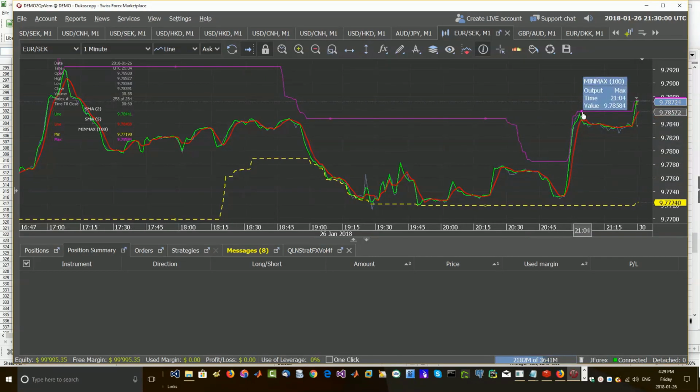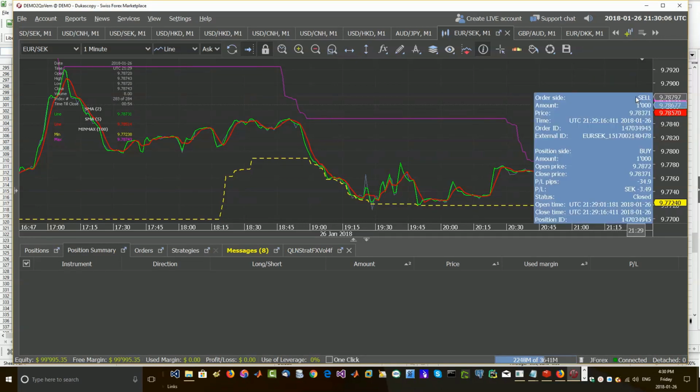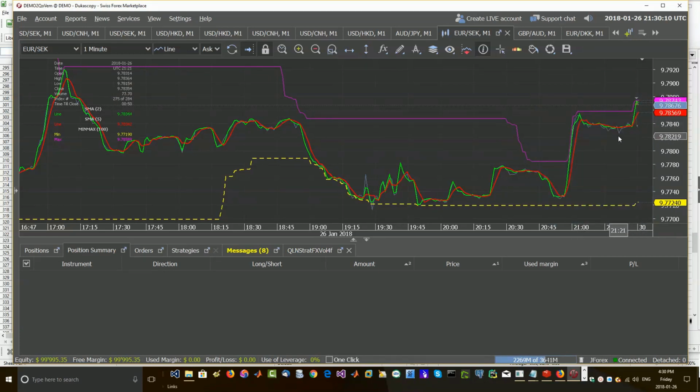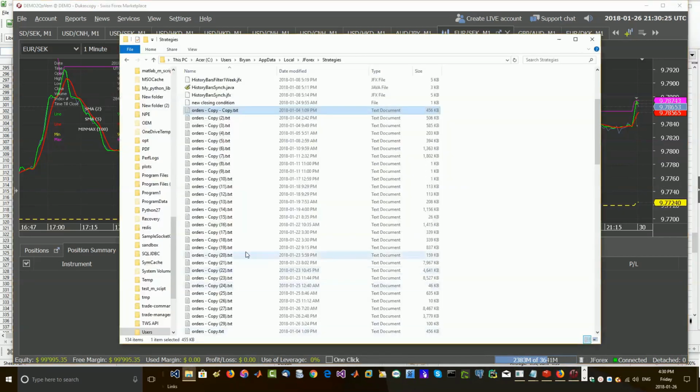I gotta work on these charts. Okay, so there's the order right there on the sell, but obviously it was a big loss. Oh, here you are. I have to have better indicators here. Anyways, let's go back to the log and we'll analyze this current position.